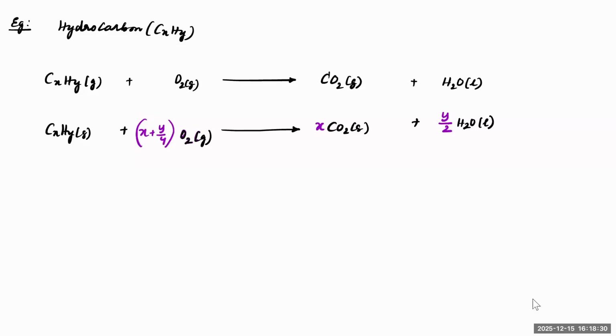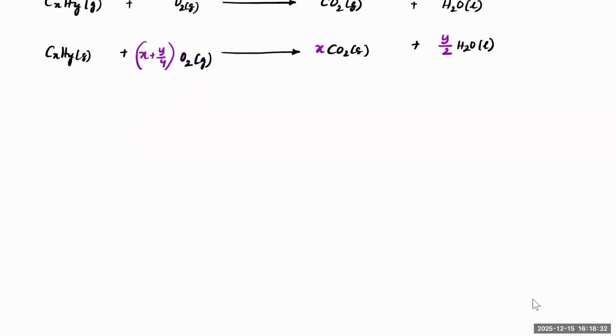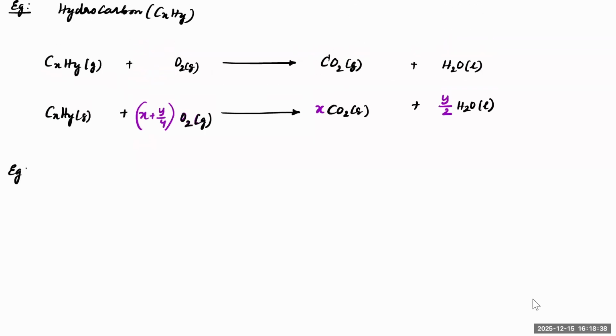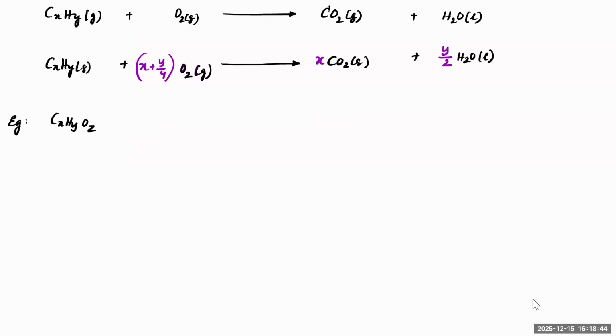So this is how you can balance the oxygen part. This is when you have hydrocarbons alone. What if I give you another example where you have CxHy and Oz also present? In that case, the idea is still the simple one, CxHy plus Oz. As you balance, you will get x plus y by 4, that is evident.